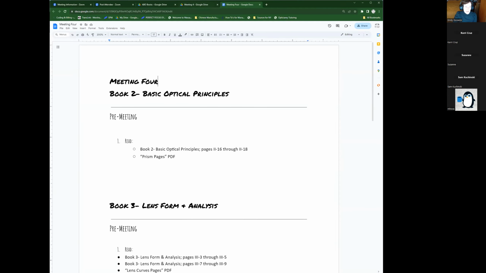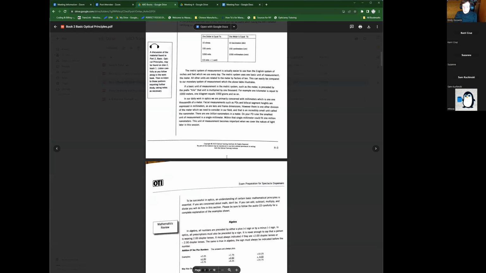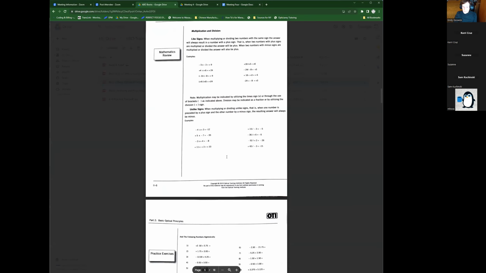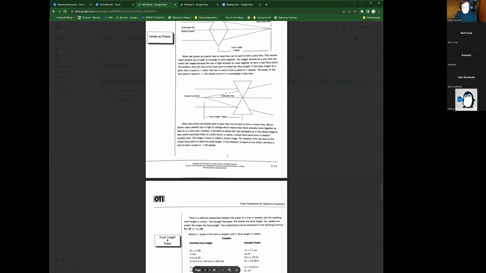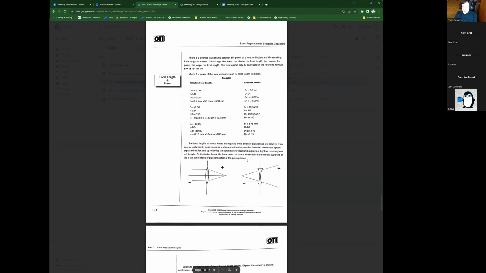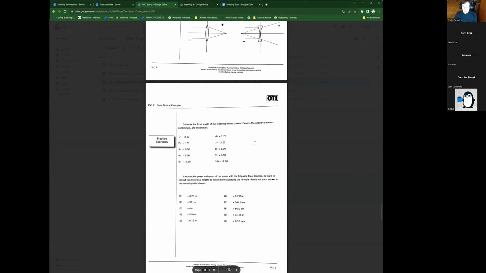So let me pull up that as well. Let's start by looking at book two here. Okay, so we did a good amount of stuff with focal length. Oh, I wanted to do that focal length example too.